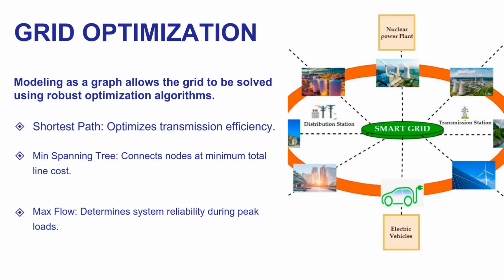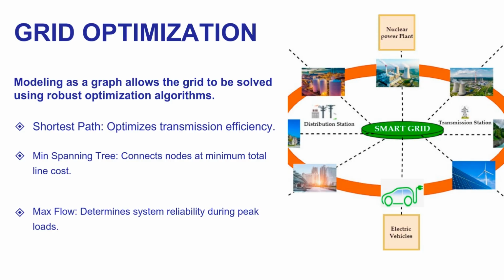The most significant advantage of this model is the ability to transform engineering challenges into optimization problems. By representing the grid as a graph, we can apply standard algorithms to solve complex issues.